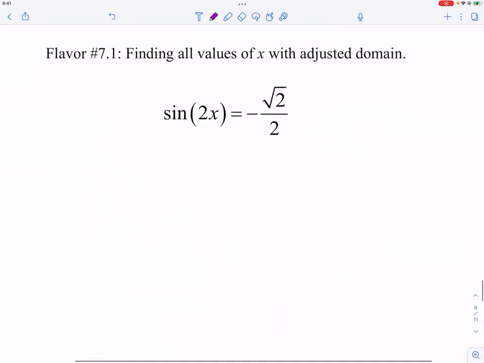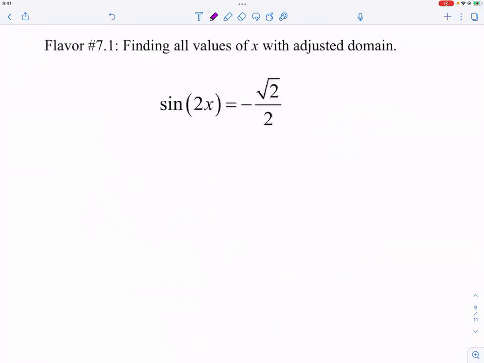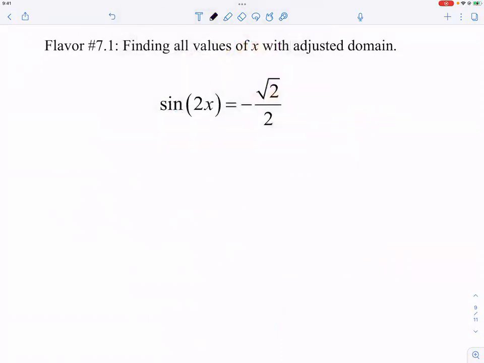And then the next one, flavor 7.1, is basically the same thing, but we have to adjust the domain a little bit. So first, let's just consider that it's 0 to 2 pi. With 2x, you will expand the domain to 4 pi.